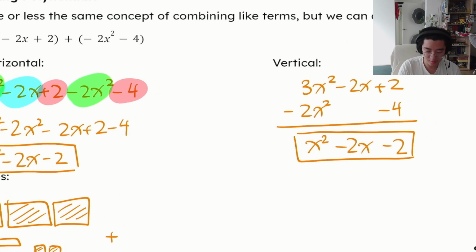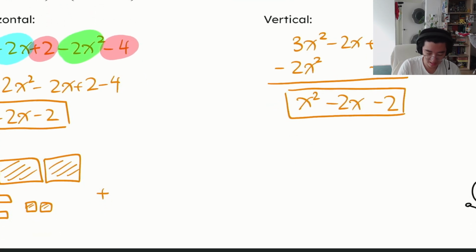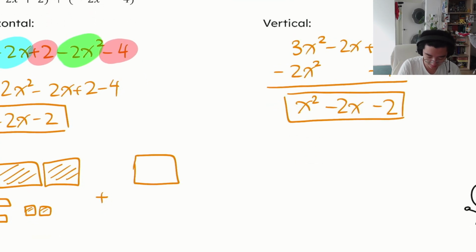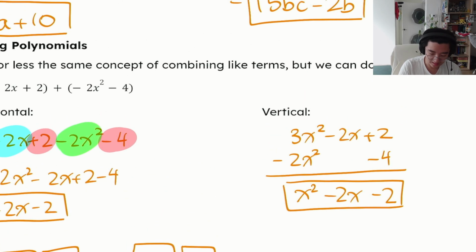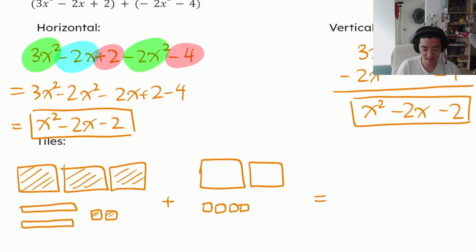Next, we have 2 negative x squareds, so it's 2 blank square tiles. And then 4 negative 1 tiles. 1, 2, 3, 4.